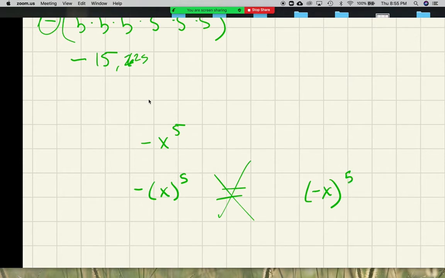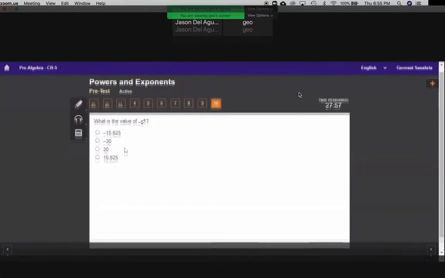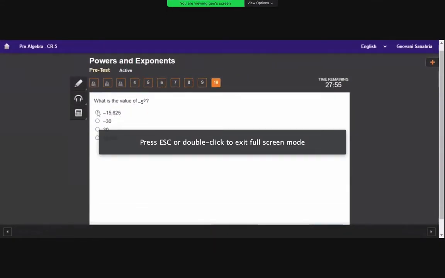So that's the distinction. Unless you've seen it and gotten used to it, you would never know. It's a tricky one. A little tricky. So yeah, that one would be the negative. Correct one.